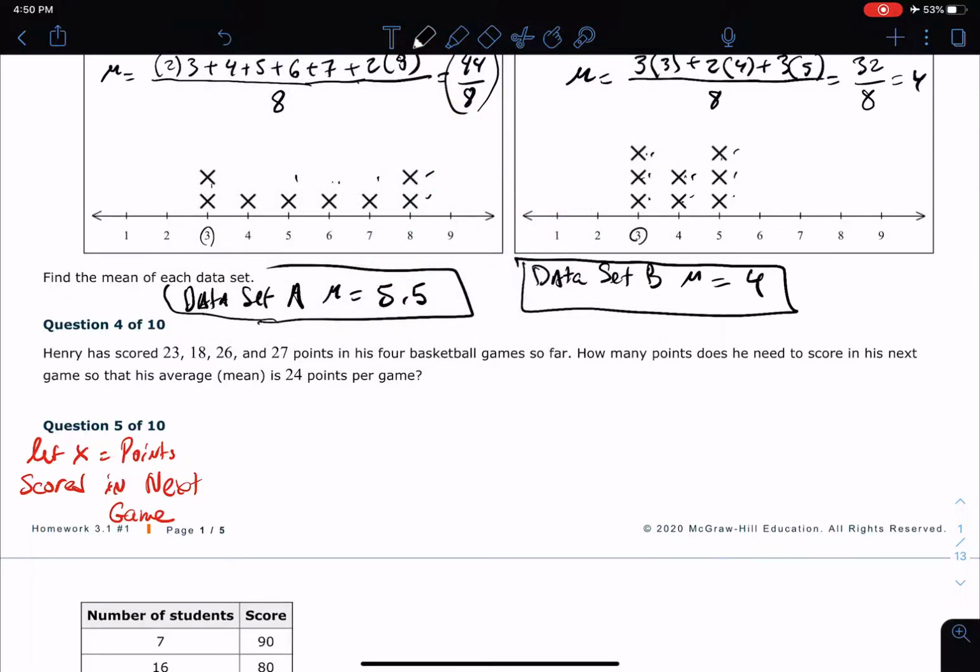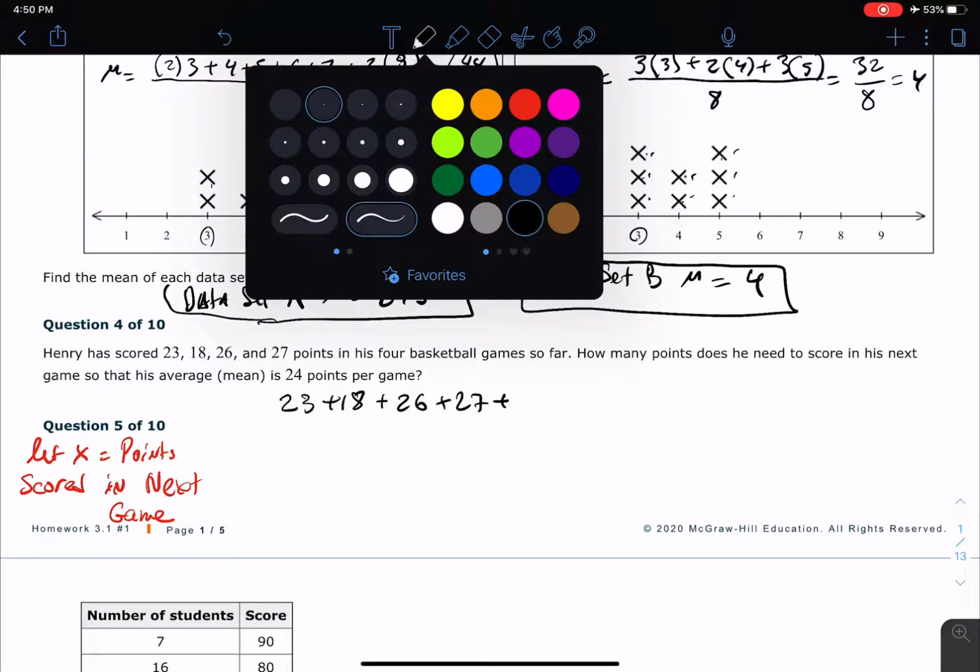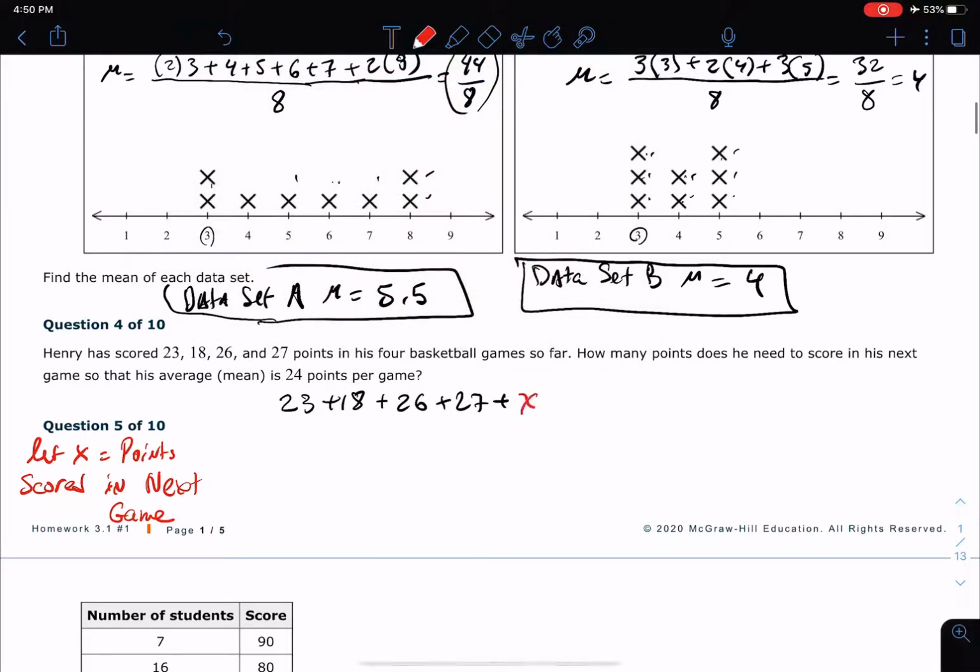What we want to do is find the mean of all these points scored. So we have 23 points scored, 18 points scored, 26 points scored, 27 points scored. Now, we don't know how many points he's going to score in the next game, so that's why that's the variable x.